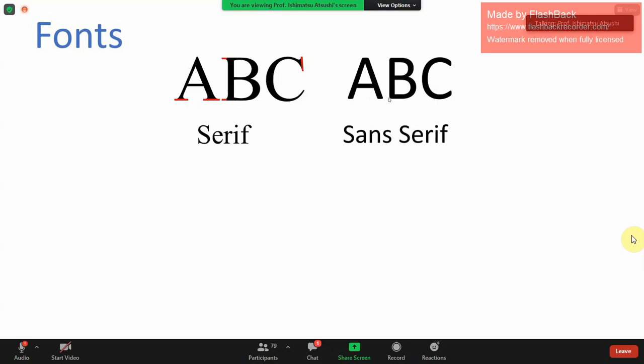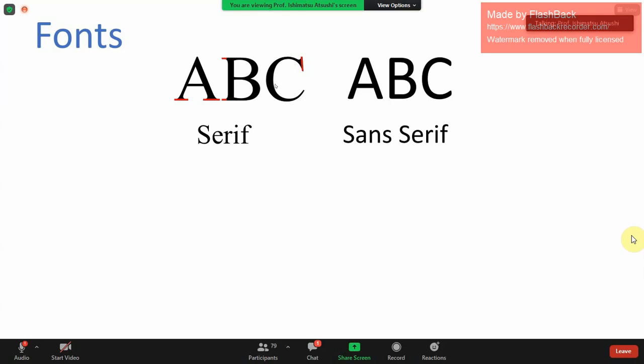The other difference is that the widths of sans serif fonts are the same all over, but the widths of serif fonts vary from thin here to thick there.